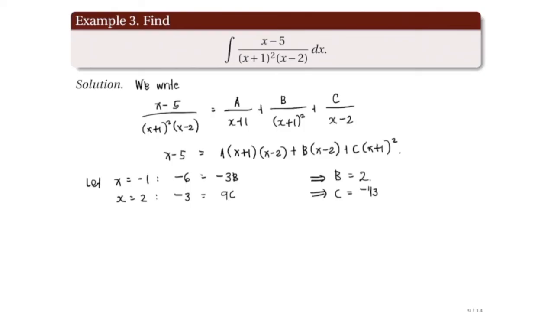While for the last term, let's have kayo bahala, x equals 1, x equals 0, pwede rin naman. Let's have x equals 0 na lang.